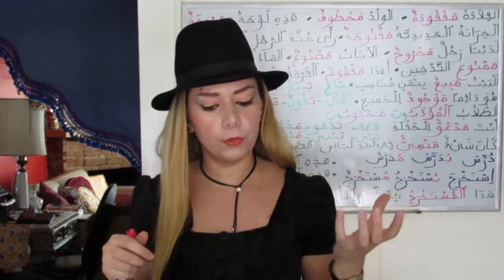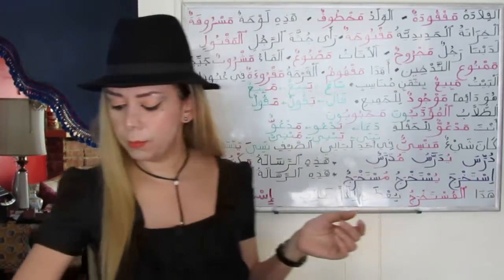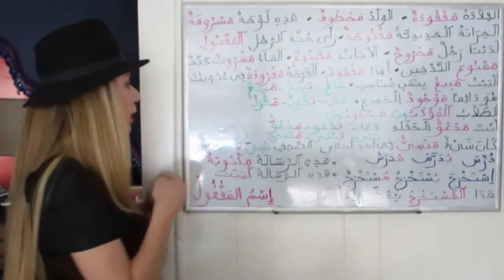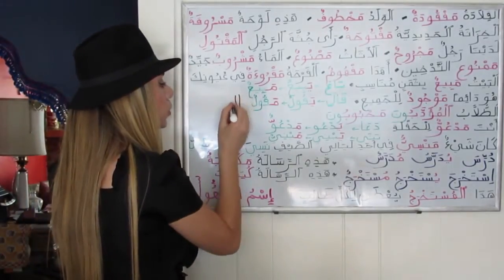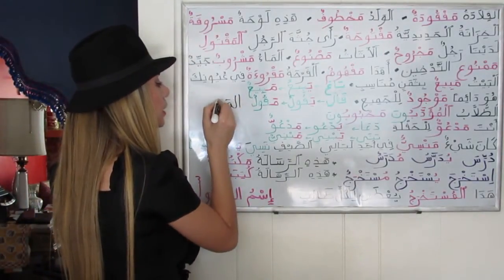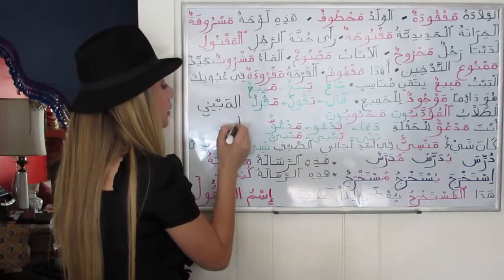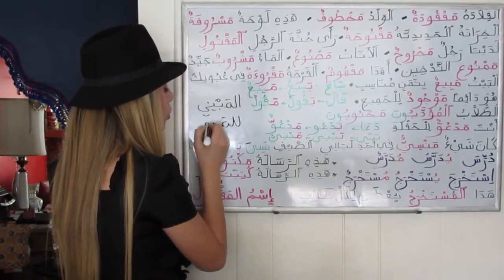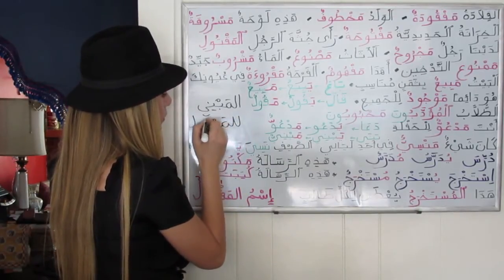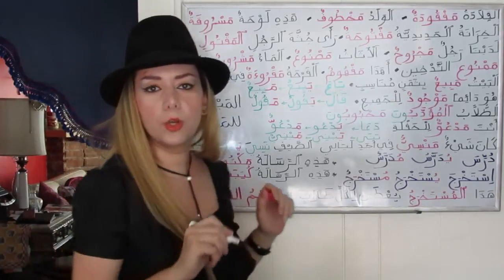We come with the conjugation of the verb in the present tense of the passive voice. Passive voice, المبني للمجهول. I know we didn't learn this yet. Just know it's there. We will talk about it.